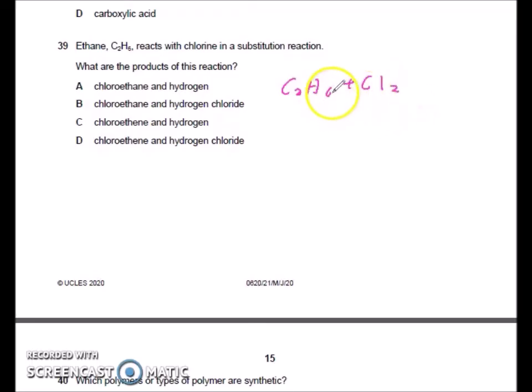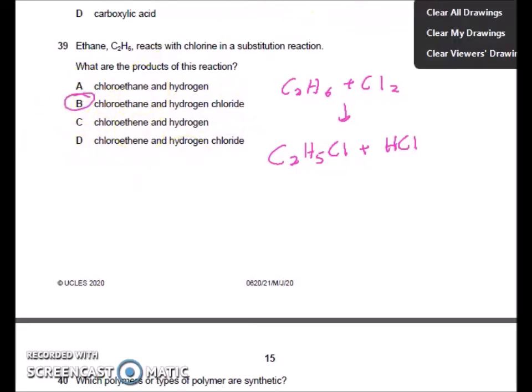Okay, here's 2, here's 6. So what happens here is, here you will have C2H5 and you have chlorine, and this chlorine will combine with the hydrogen that is from here. So your product here is chloroethane and hydrogen chloride. So should be B. Okay, should be B.